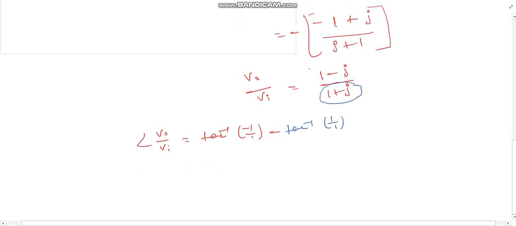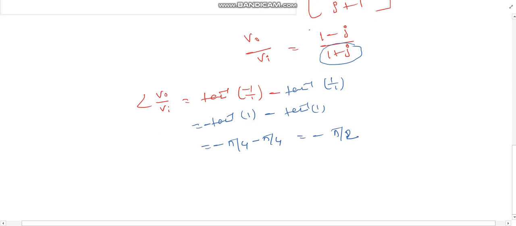Taking the minus outside, it is minus tan inverse 1 minus tan inverse 1, which equals minus pi by 4 minus pi by 4, so minus pi by 2. So the answer is minus pi by 2.